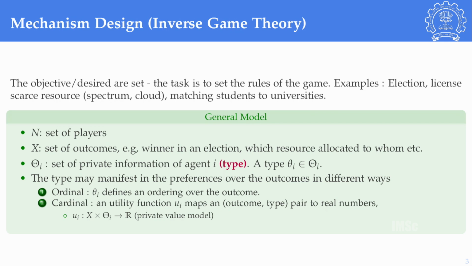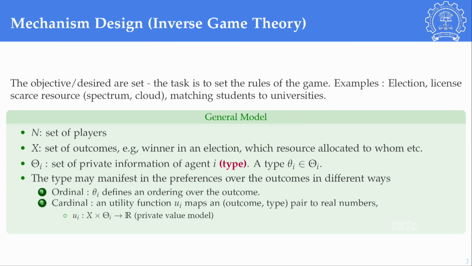Then if he did not win that object in that outcome, his utility becomes 0. If he wins that object, then theta i is his valuation, something like those numbers that we have seen in that diagram. Okay, so this is the setup that we will be using for cardinal preferences.